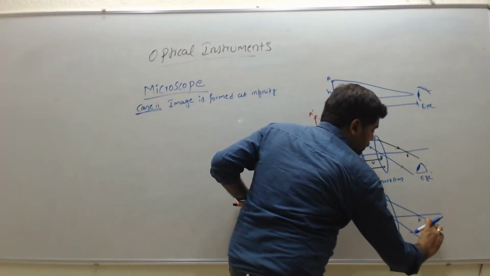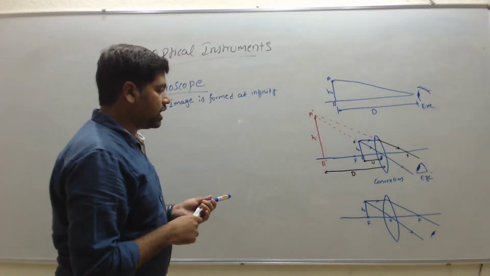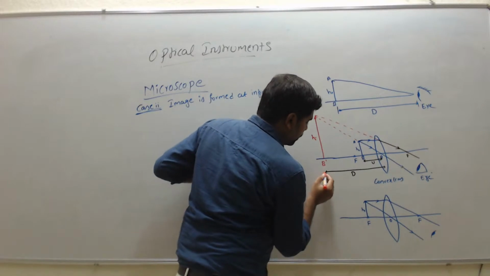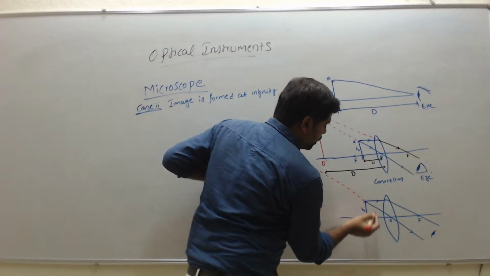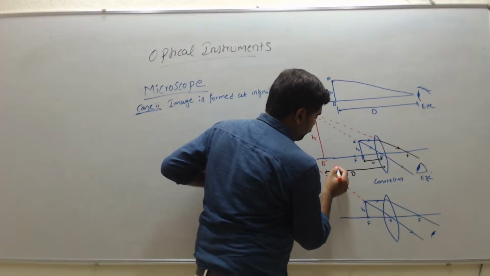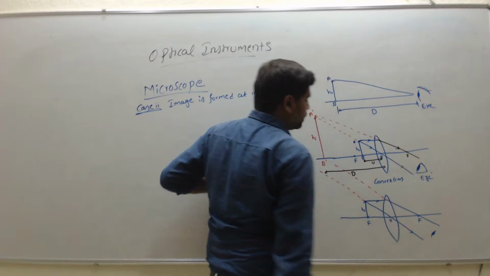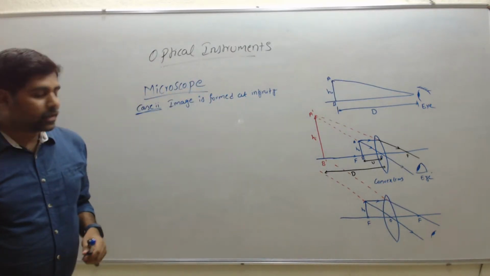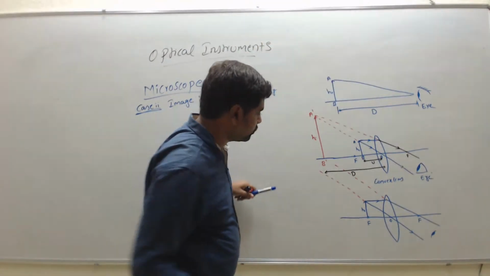Here we observe these two rays are parallel. If we extend these two parallel rays, they will never meet, because parallel lines never intersect. Hence, the image is formed at infinity.